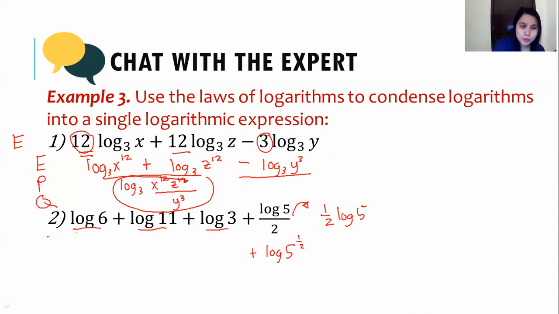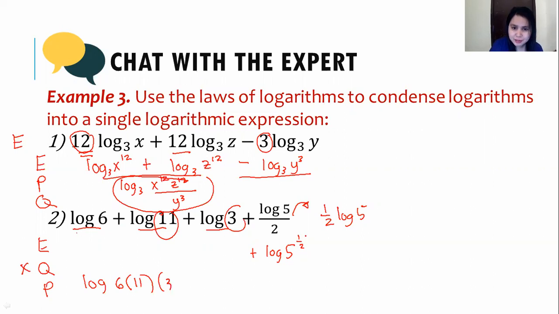Next, we're done with the exponent. Quotient, you look for minus signs. There are no minus signs, right? So no need. The last, product, plus signs. So we have log 6 times 11 times 3 times 5 to the power of 1/2.